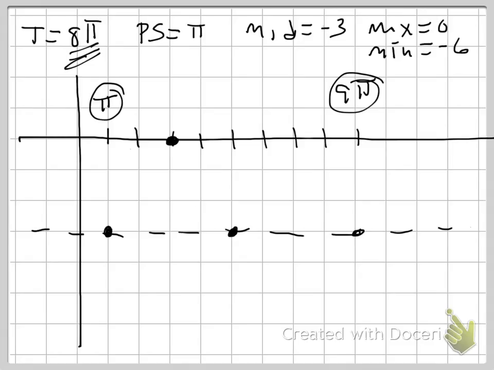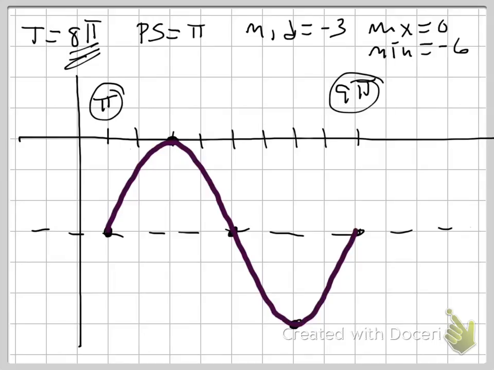And I know that 3/4 of the way through I'm going to reach my minimum value. So now I just connect the points with a smooth curve. And there is my translated sine graph. Okay? Well, that's one.